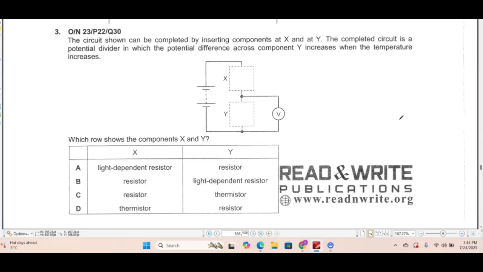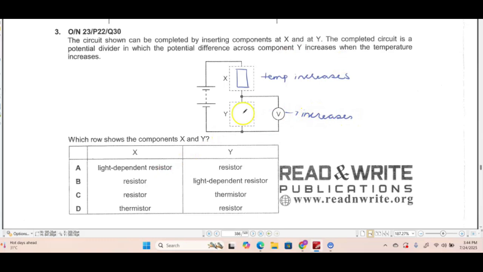So we have to place two components in X and Y, such that when the temperature increases, the potential difference across component Y increases, and here the voltmeter reading basically increases.